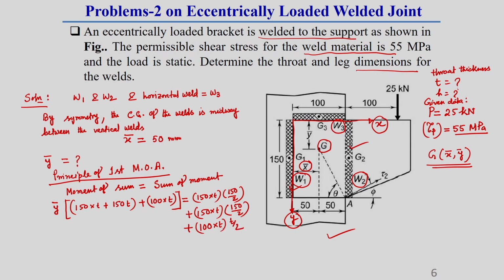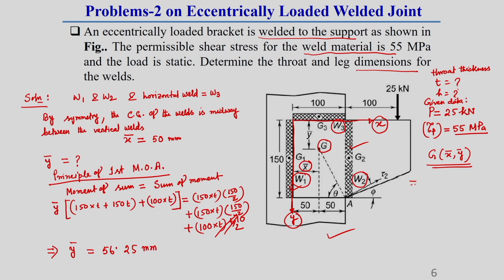So, the third term, the horizontal weld, has a term with T square. That is why we are neglecting this third term, because compared to the other two it is negligible. So here we are getting y bar equal to 56.25 mm.